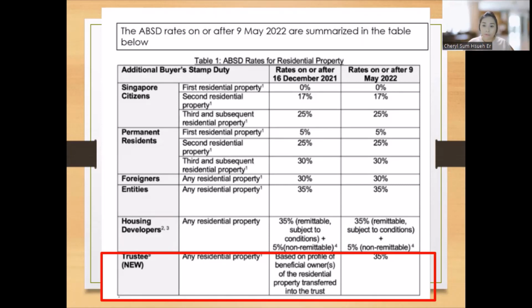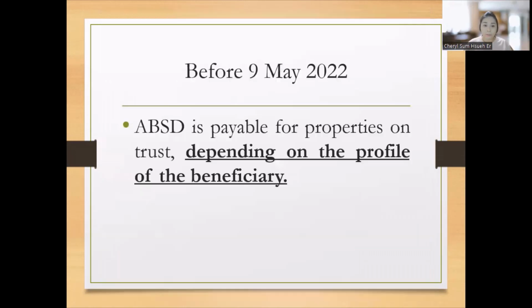But with effect from 9th May 2022, you will realize that a flat rate of 35% is going to be chargeable once this trust has been created. Now, some of this 35% that is payable may also be refundable at the end of the day within 6 months if some of these criteria are fulfilled. We're going to discuss these criteria later on.